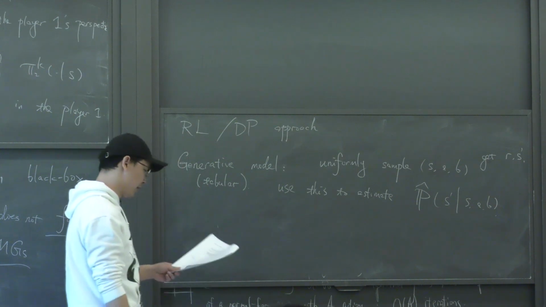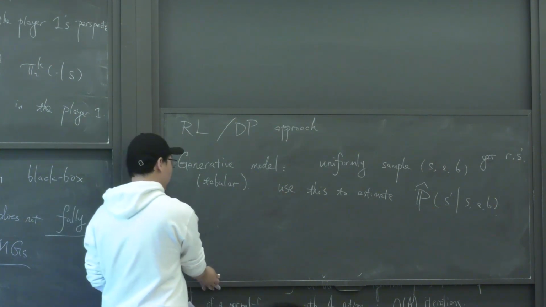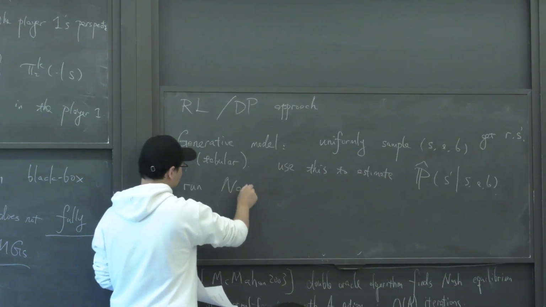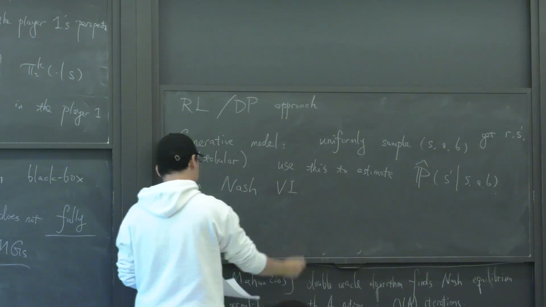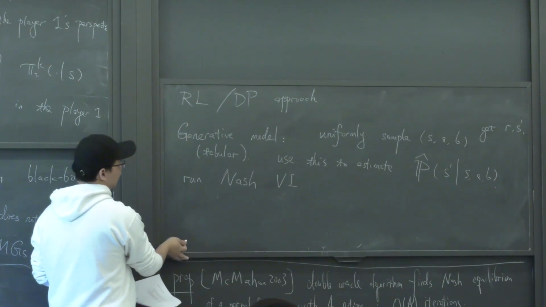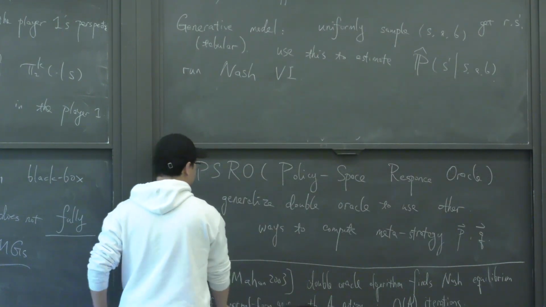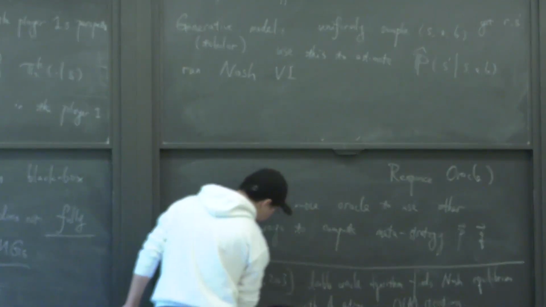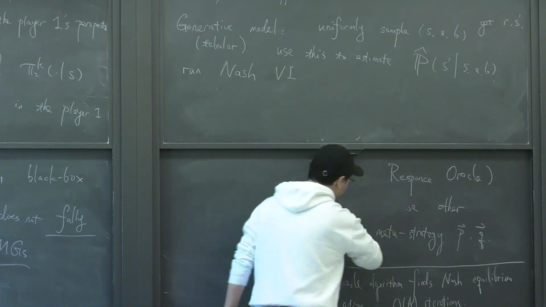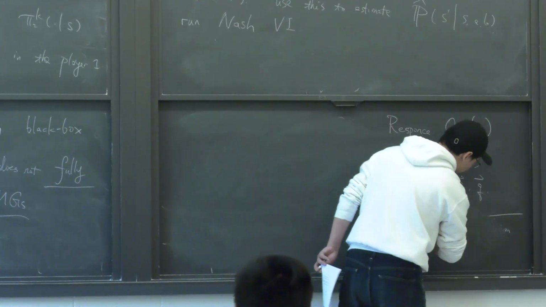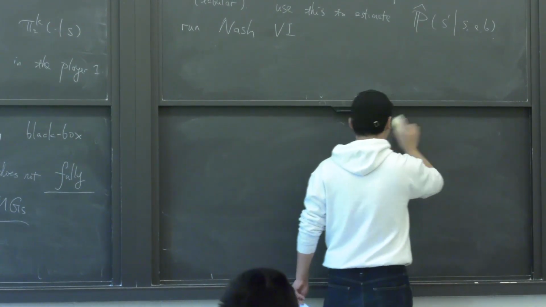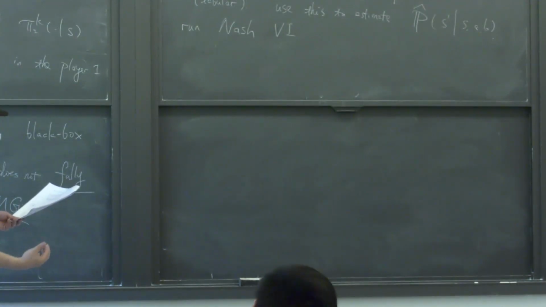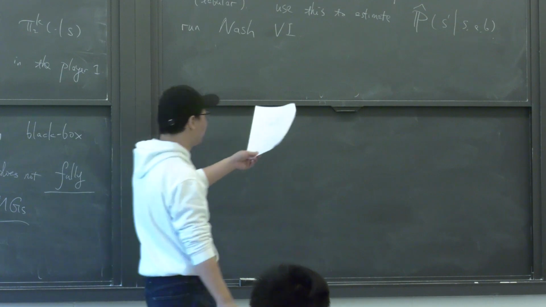Once we have the empirical transition, we can run the value iteration. Here it's a multiplayer game, so what we run is called Nash value iteration. But Nash value iteration is essentially the same as the original value iteration with just a very little modification. Just remember, when we do value iteration, we're running a Bellman-Optimality equation with the transition replaced by this empirical estimate.